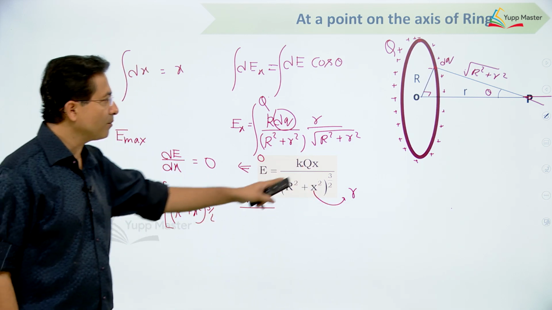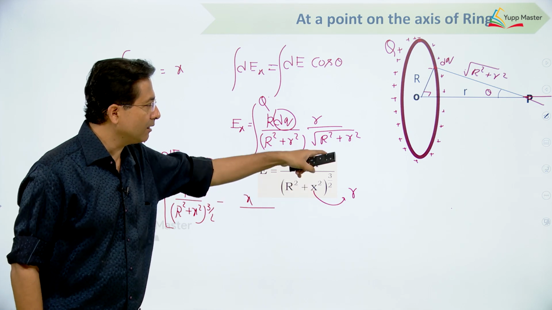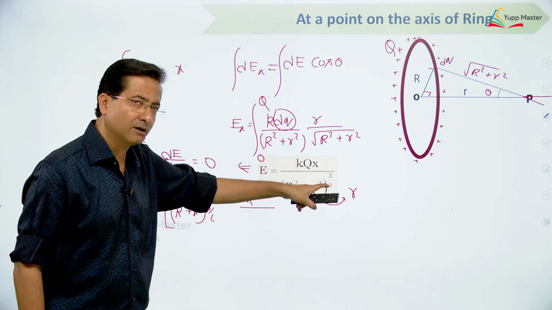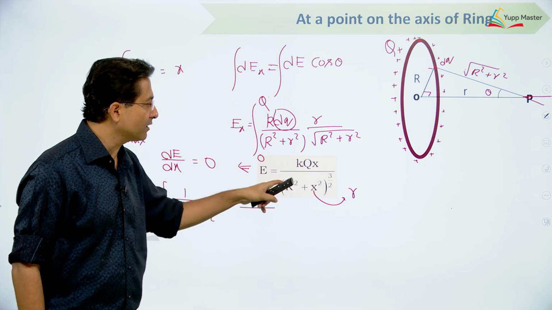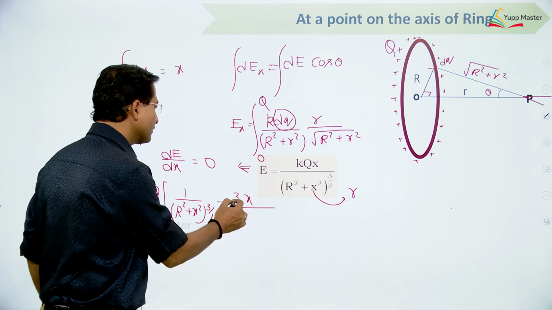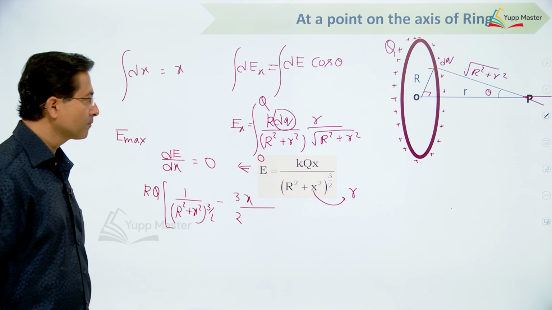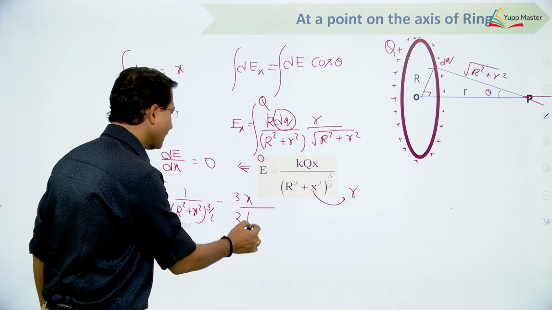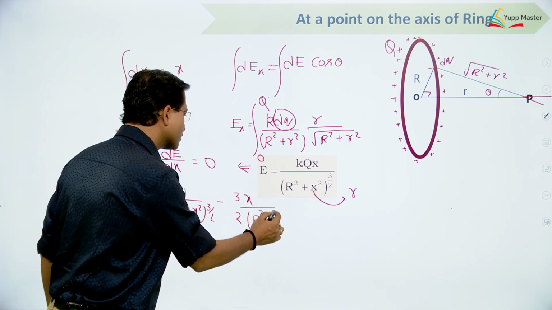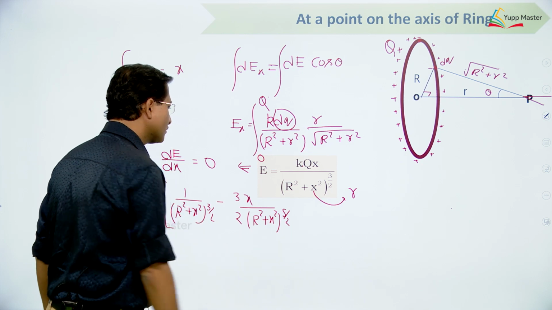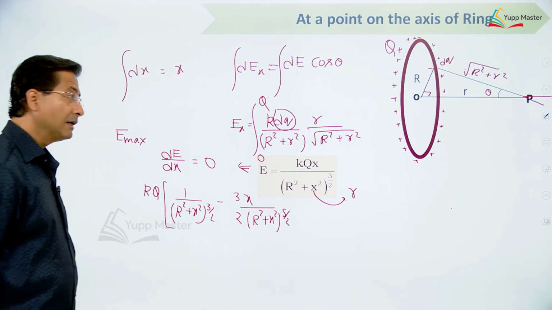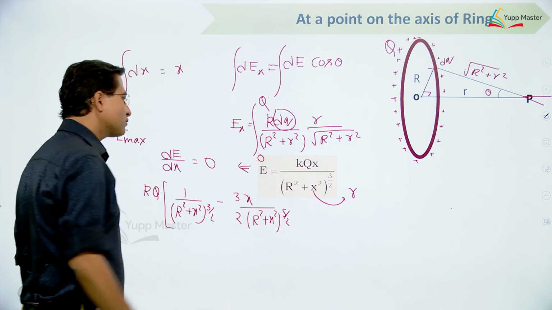So differentiation of minus 3 by 2, this will come in front. So 3 by 2 will come in front with minus sign, and then this will become r square plus x square to the power 5 by 2 into the differentiation of x square.